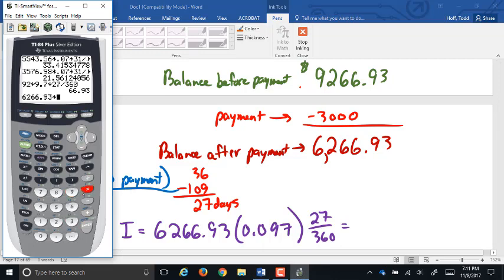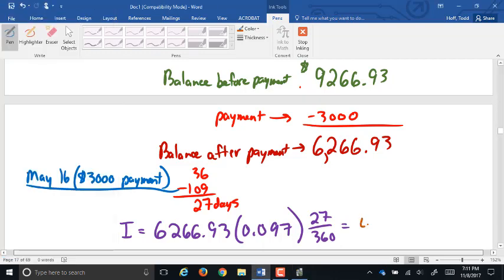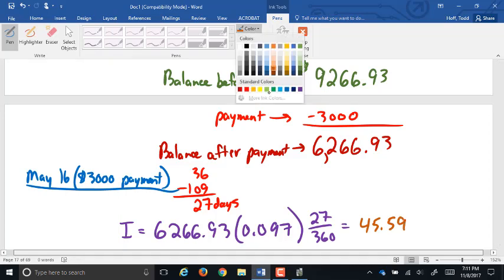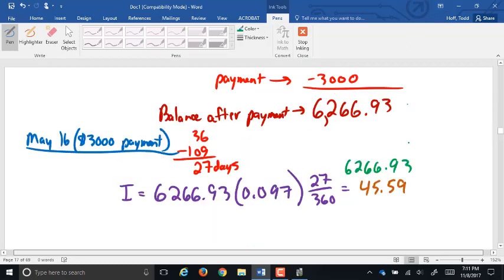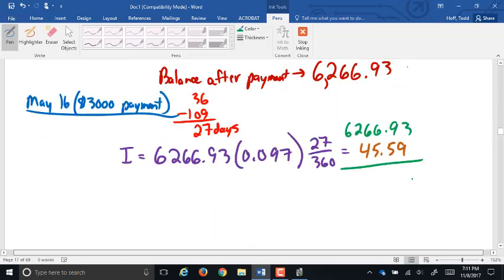You get what? $45.59. Of course, what are we going to do with that? Perfect. Add it to the 6,266.93, which is going to give us $6,312.52, which is the balance before the payment.